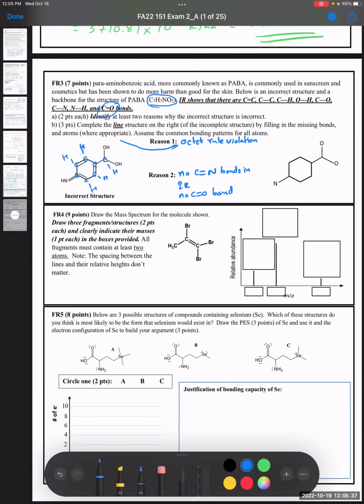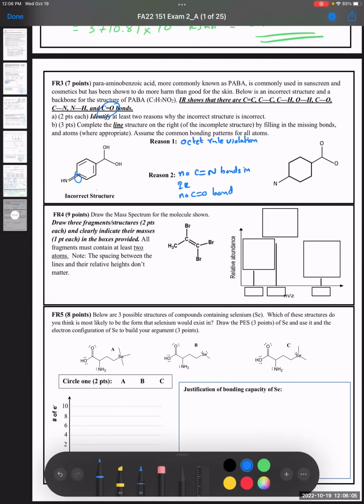You see that? 1, 2, 3, 4, 5, 6, 7, 8 hydrogens. But in the molecular formula, we only have 7 hydrogens. So we have more hydrogens than we should. So we can come up with these reasons for why this incorrect structure is incorrect.